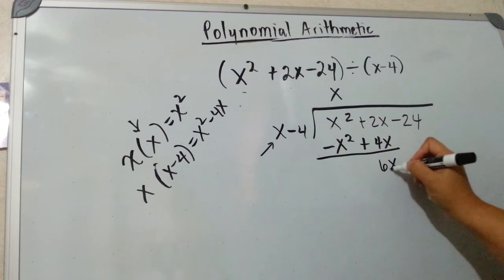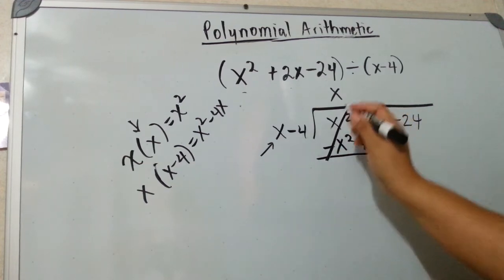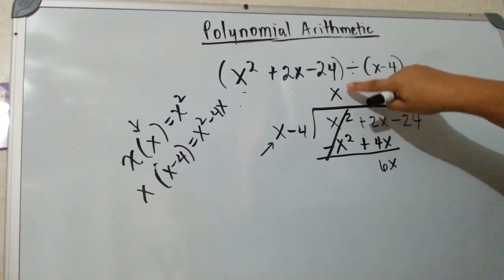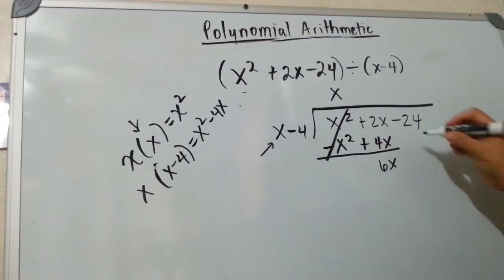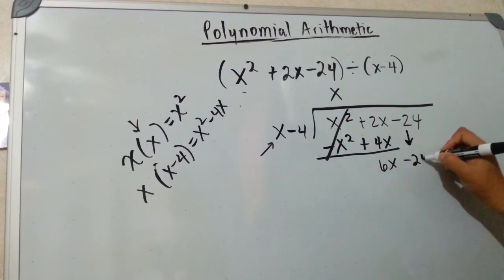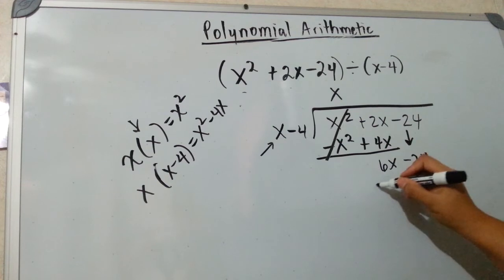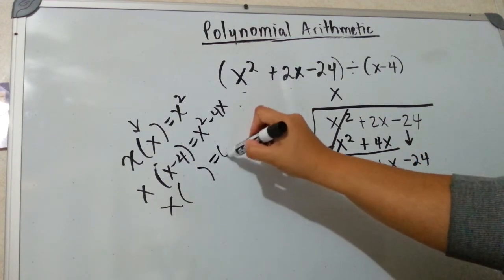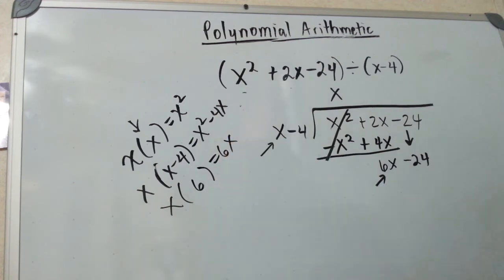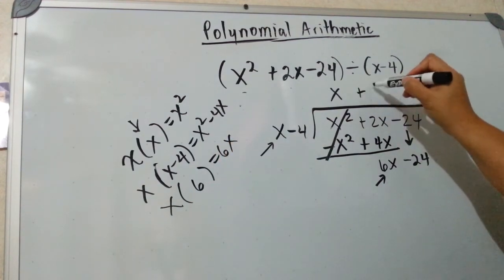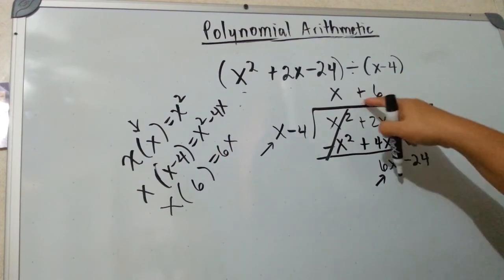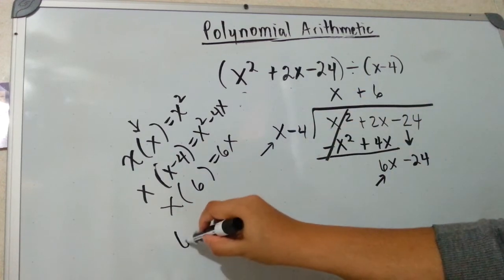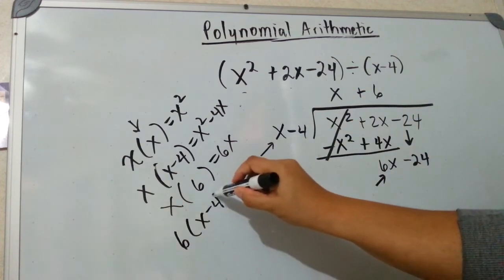So we're going to combine like terms, and these should always cancel. That was the whole purpose of appropriately choosing this one. We're going to bring down the next term. Now you're also going to focus on the first terms, and you're going to ask yourself, x times what gives me 6x? Well, x times 6. So we need a positive 6. So we say plus 6. And now we're going to multiply 6 times x minus 4.